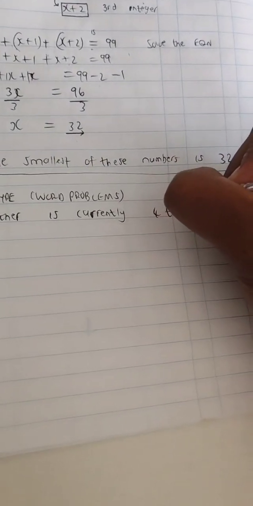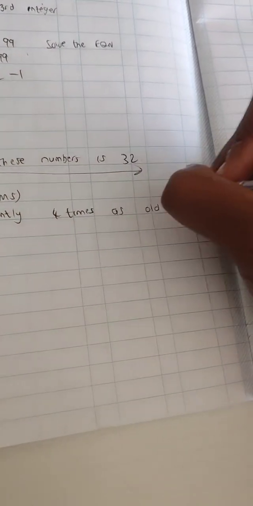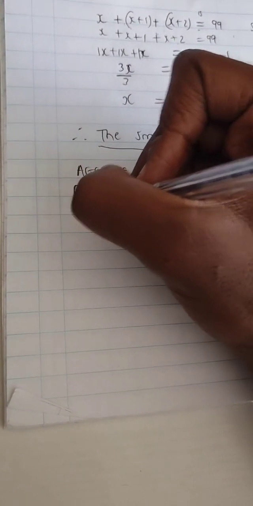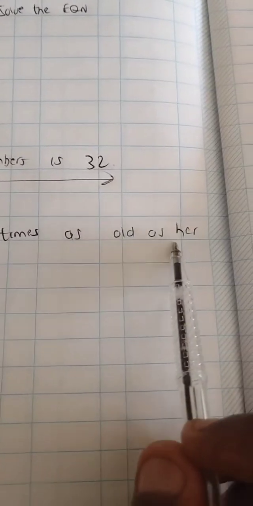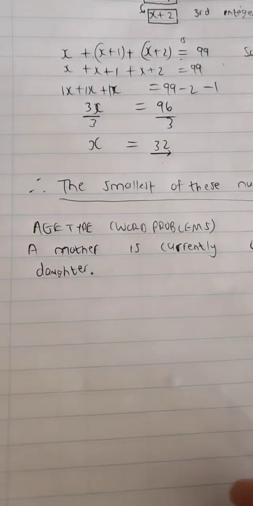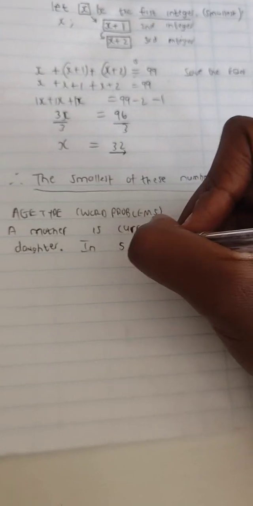A mother is currently 4 times as old as her daughter. I wonder how old you are, mother, from your daughter, if you are a mother.